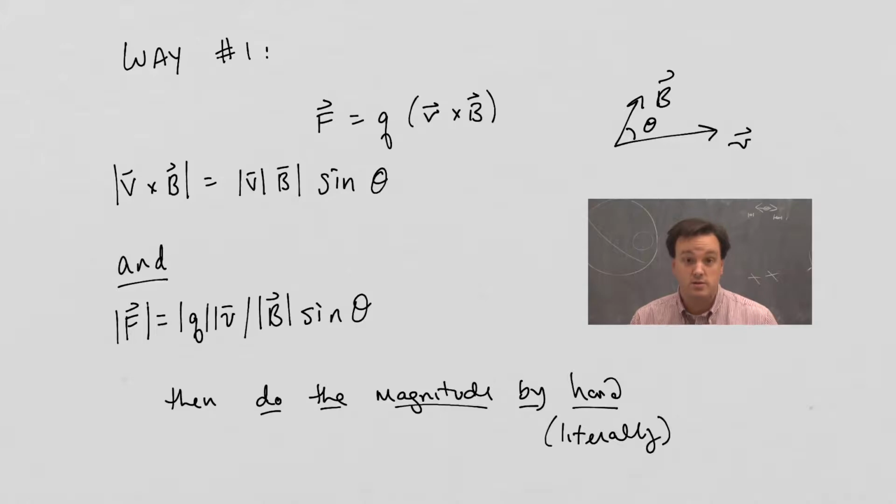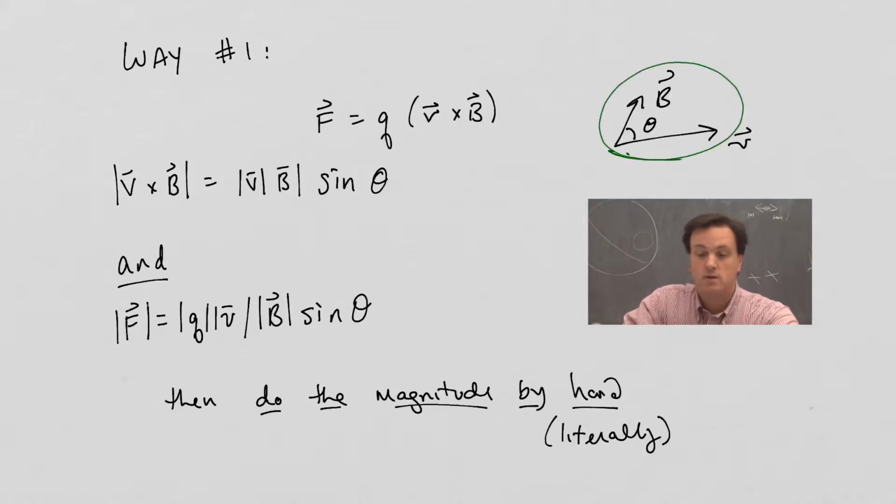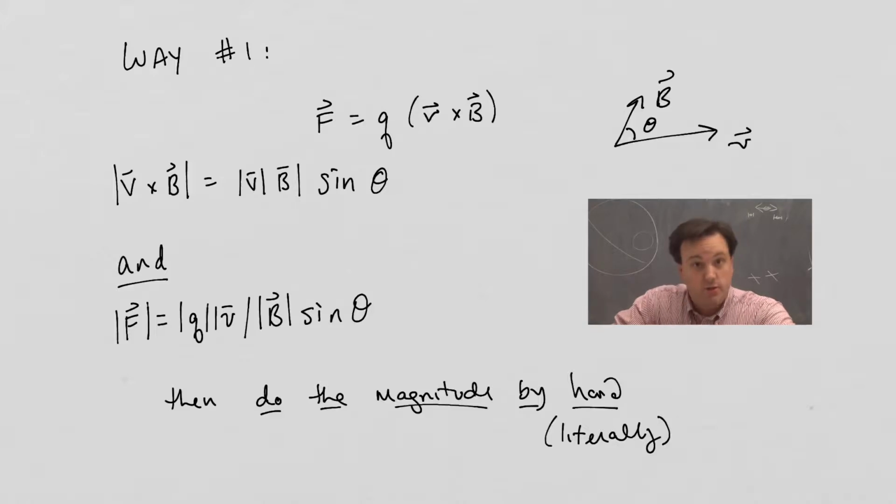So I calculate the magnitude of the cross product by finding out how perpendicular these two things are. So now theta is the angle between the two vectors. So v is pointing one way, b is pointing the other way. Theta is the angle between them. And the magnitude of the cross product of v cross b is the magnitude of v times the magnitude of b times the sine of the angle between them, not the cosine.